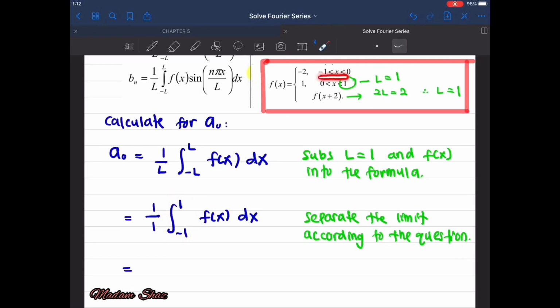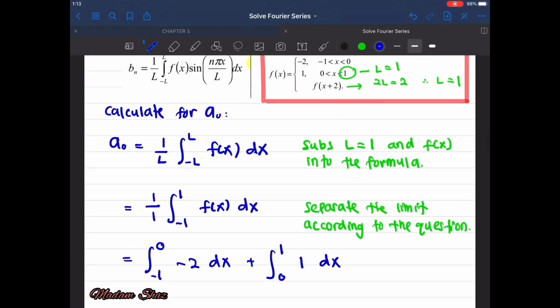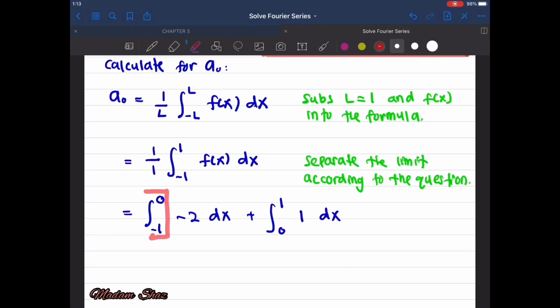So according to the question, we have -1 until 0, where our f(x) is equal to -2, so -2 dx, plus from 0 until 1, where our f(x) is equal to 1, so 1 dx. So this is what we mean by you have to separate your f(x) according to the limit.